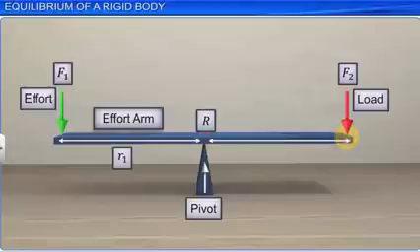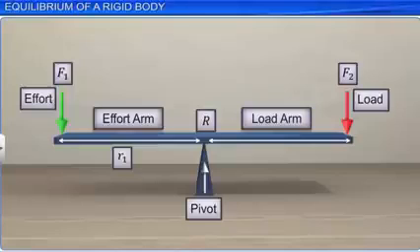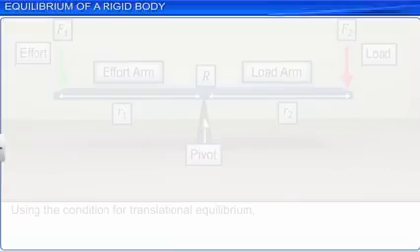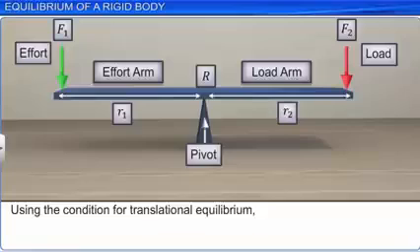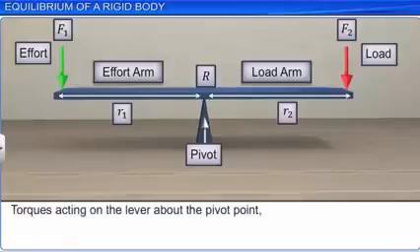The lever is in translational equilibrium. R minus F1 minus F2 is equal to 0. Equation 3. If we calculate the torques acting on the lever about the pivot point, we have tau 1 is equal to R1 F1.